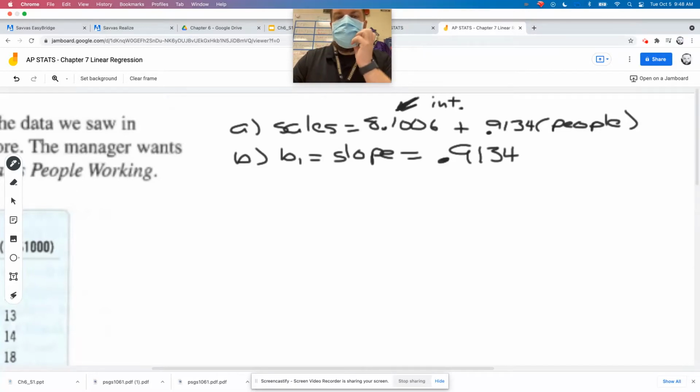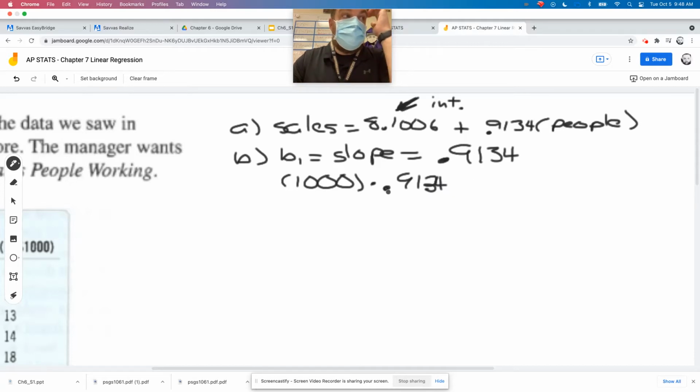So another way that you could think of it is, because you're going to make an extra $1,000 times, it's a scalar multiplier, right? So the slope is up and over, rise over run, but it's a multiplier.